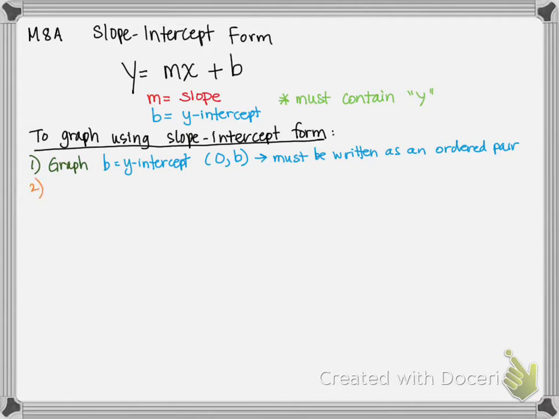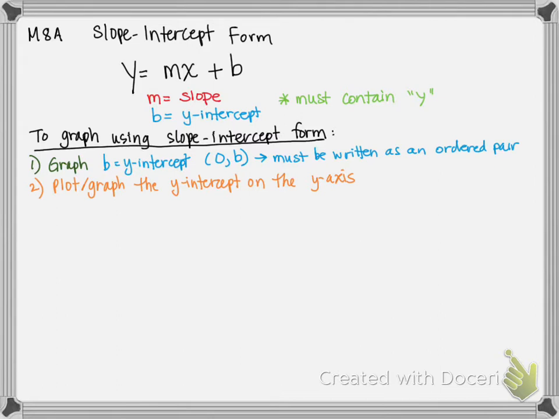So here's where I'm going to give you the information. We're going to plot or graph, so those are 2 words that are synonymous, the y-intercept on the y-axis, okay? Because it's a point, so we know how to graph points.